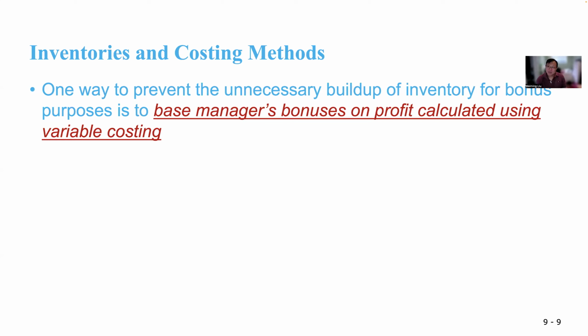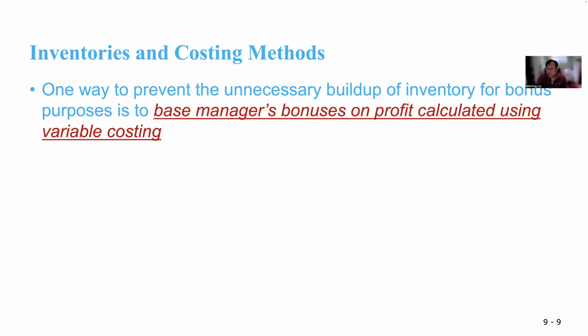So then the company will say, well, guess what? We're going to calculate the operating income under variable costing instead of under absorption costing. So that will eliminate the opportunity for the managers to increase their income by overproduction. So you may wonder, okay, we have learned about absorption costing, right?